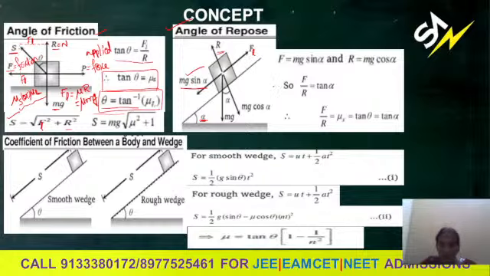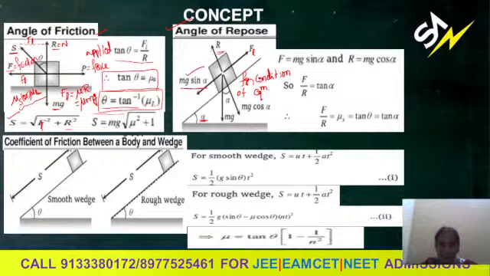So in this situation, for the condition of equilibrium, EQ means equilibrium, meaning all forces balance each other. The sum of the forces will be equal to 0.